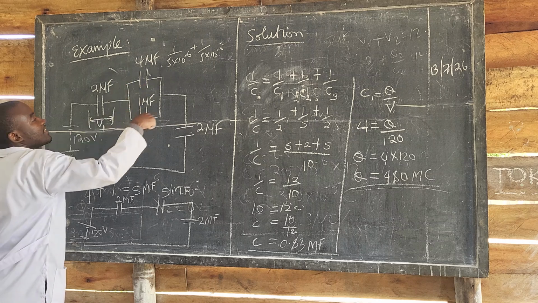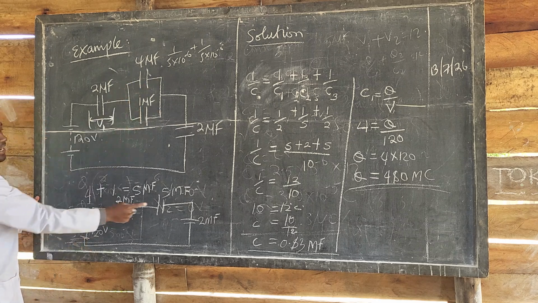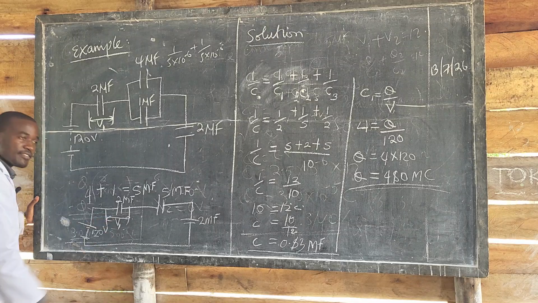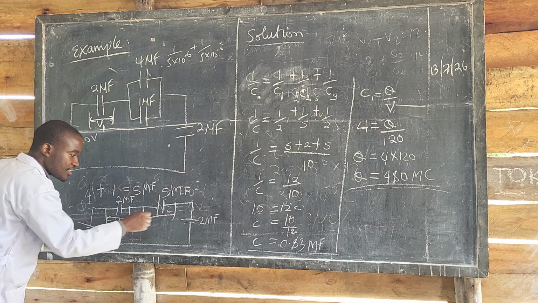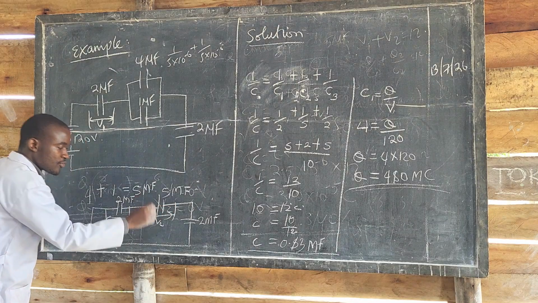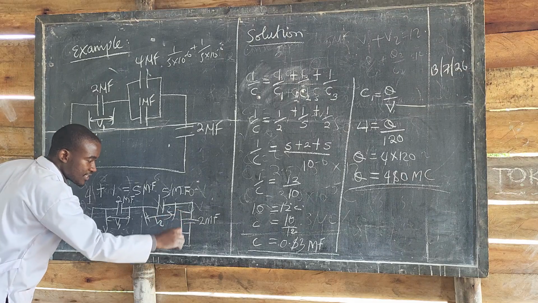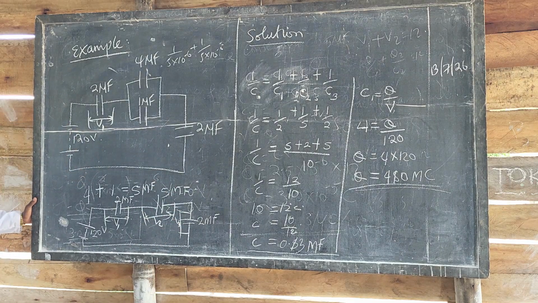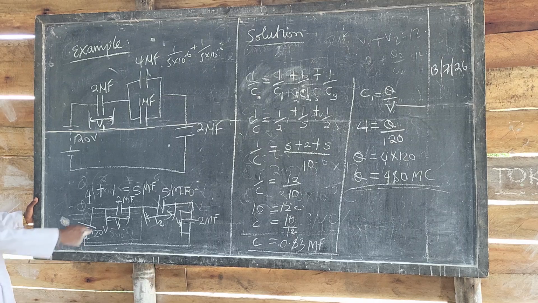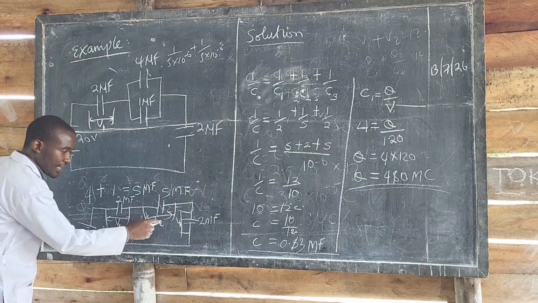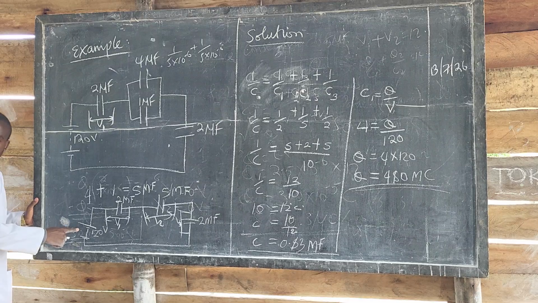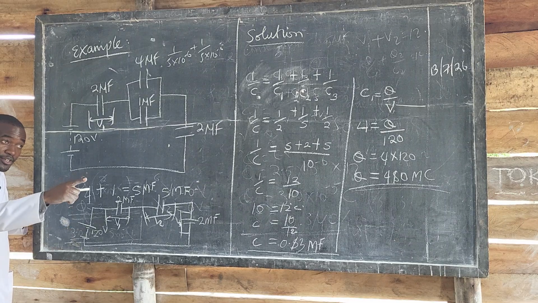This one and this and this are in what? So the PD across this is V1, the PD across this is V2, and the PD across this is V3. So when she adds this V plus this V plus this V, she will get 120, right? Are we together?